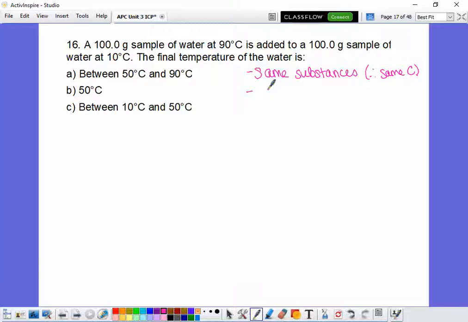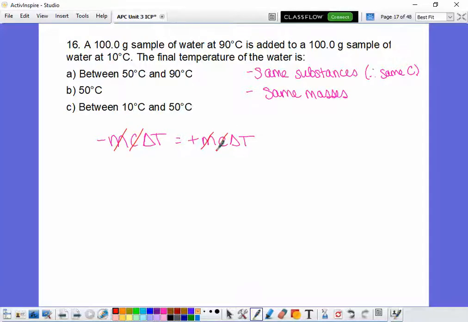The same masses. So if we were doing negative MCΔT equals positive MCΔT, what cancels out? M and C.